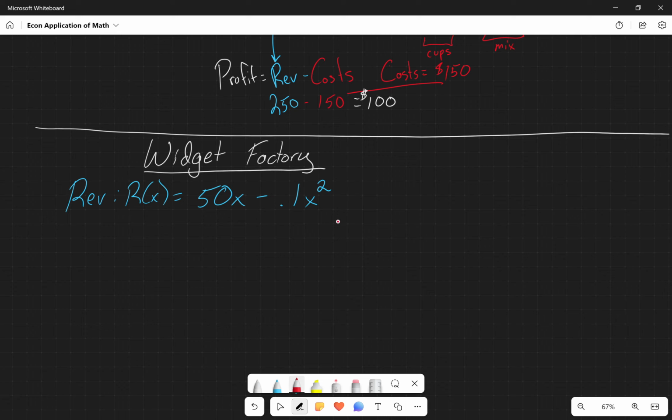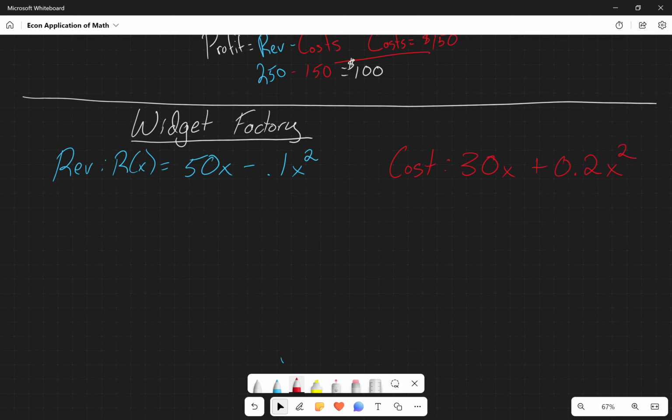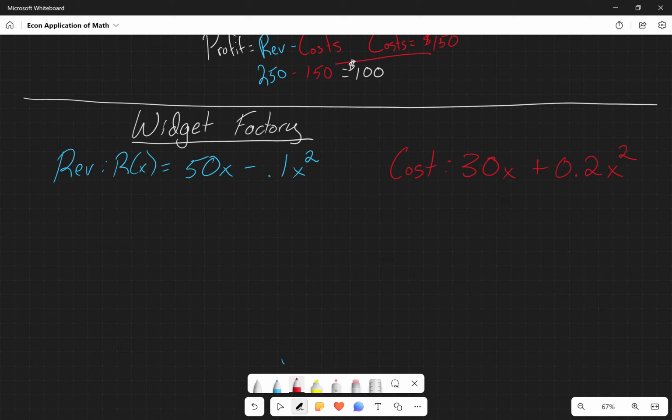And we're told that the cost function is going to be, again, linear in x with no fixed costs, and it's going to have some costs that are increasing at an increasing rate as x increases. And so this is the one where, the more that they produce, the higher chances that the widgets disappear or are broken, whatever the case may be.